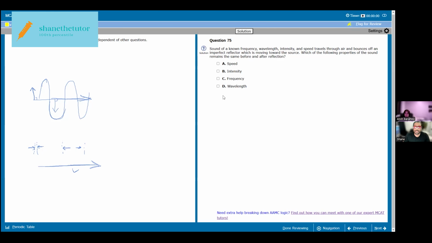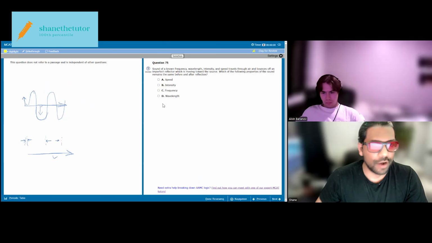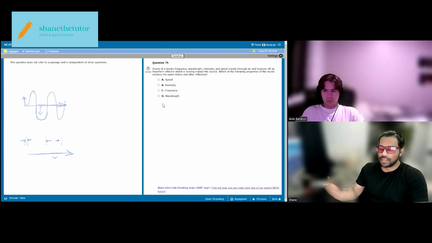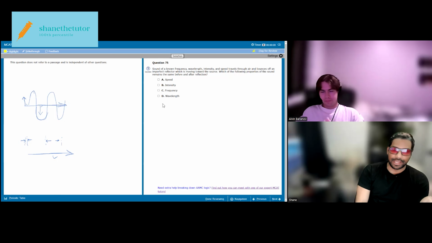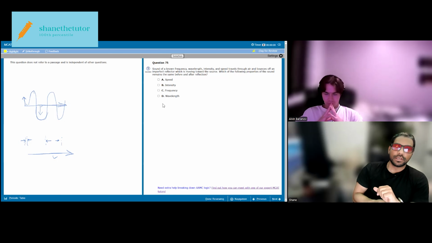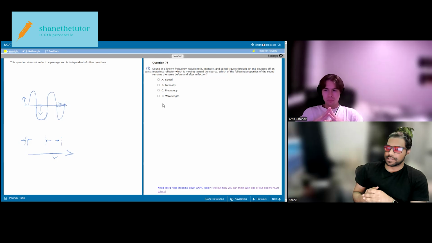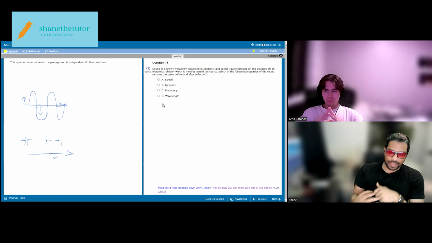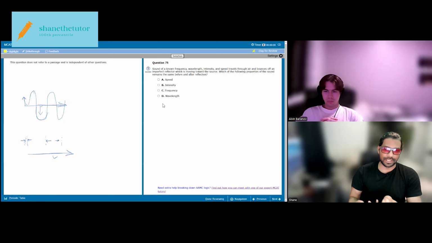Okay. Now, so sound is longitudinal, light is transverse. Now, another difference is if a medium becomes denser, light travels more slowly because light travels fastest when you don't have a medium, like in a vacuum.